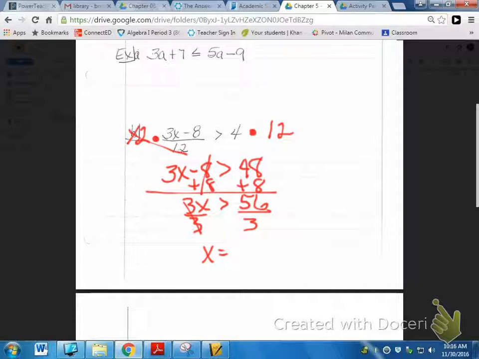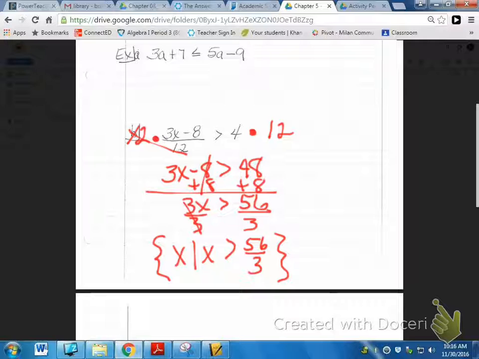Oops. x is greater than 56 over 3, and you can leave that since it doesn't reduce. And I'm going to do the set notation right there, the set of x, such that x is greater than 56 thirds. Questions about that?